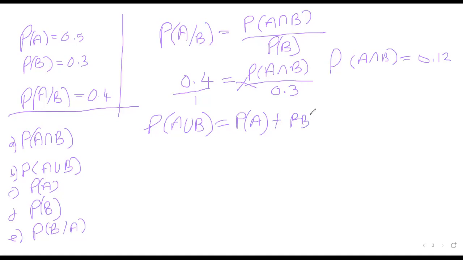So what do we already have from that formula? We have the probability of A, which is 0.5, and the probability of B, which is 0.3, and we've just found the probability of A intersection B. Excellent.